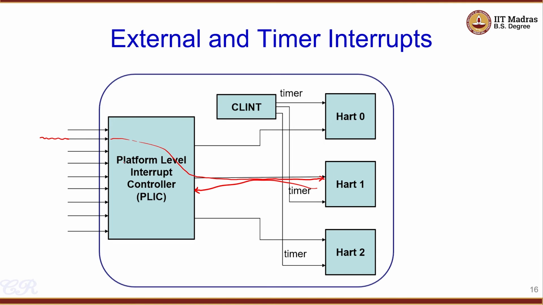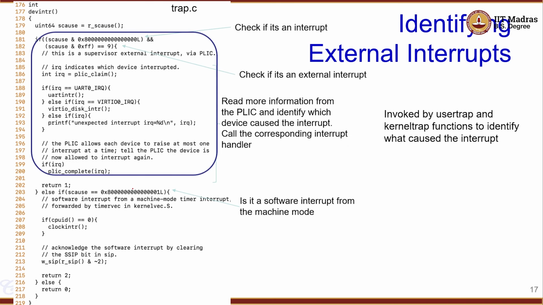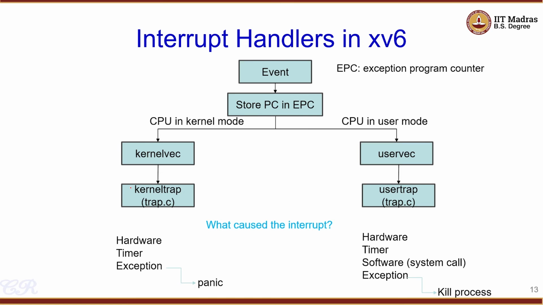Okay. So, we will now start with the PLIC, and we will trace the xv6 code to see how the platform level interrupt controller works. A quick recollection: whenever an interrupt occurs, whether it is a software interrupt, an exception or a hardware external interrupt, the hardware stores the program counter in a register called the EPC, the exception program counter.